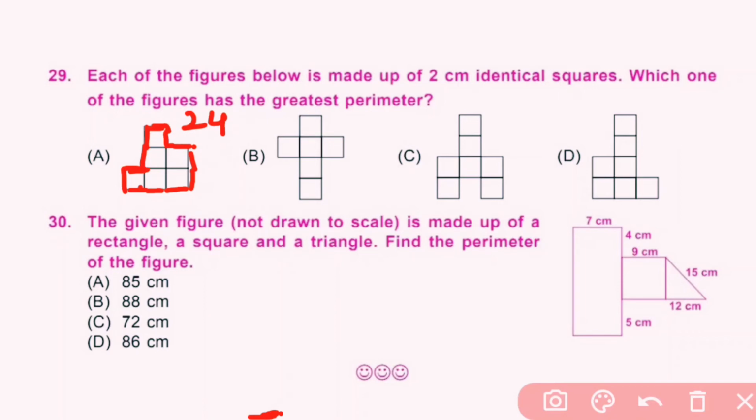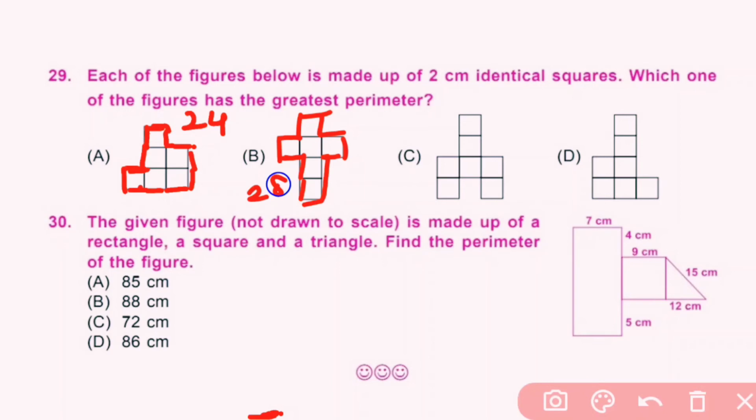Option B, we start with 2, then 4, 6, 8, 10. 10 plus 2, 12, 14, 16, 18, 20, 22, 24, 26 and 28. The perimeter of B is 28.